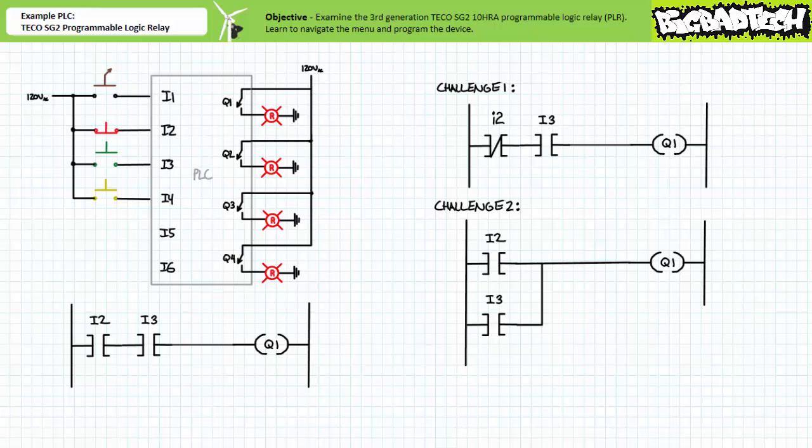We'll be taking a look at the much easier to use TECO SG2 client programming software to program this device in later lectures. Additionally, we learned to monitor the status of both inputs and outputs using the home screen, as well as monitor functionality of an operational program using the ladder screen while in run mode.